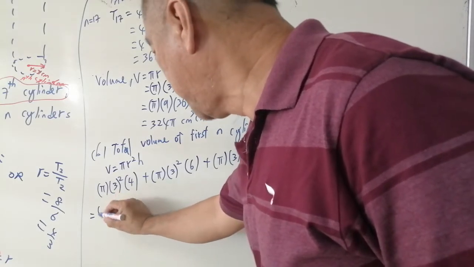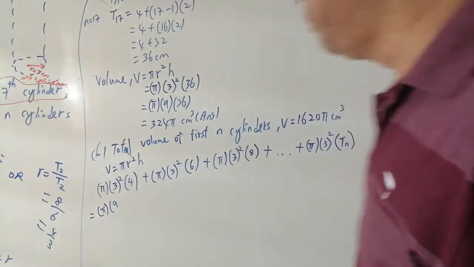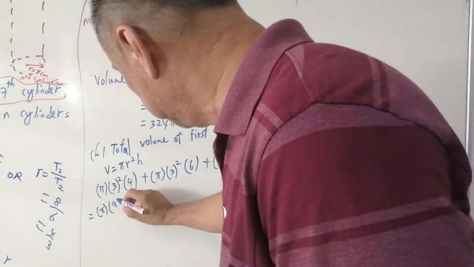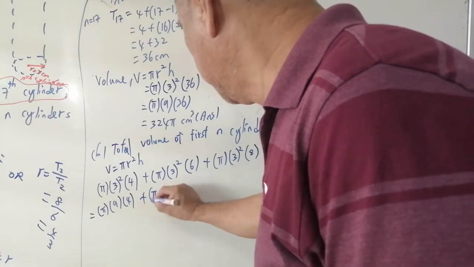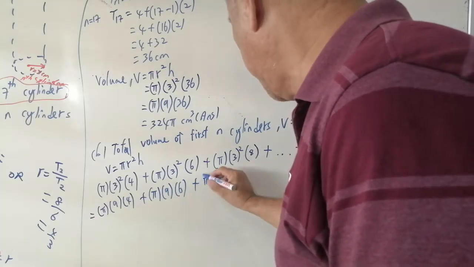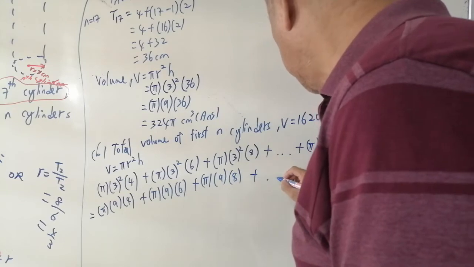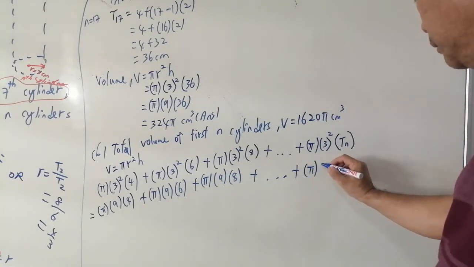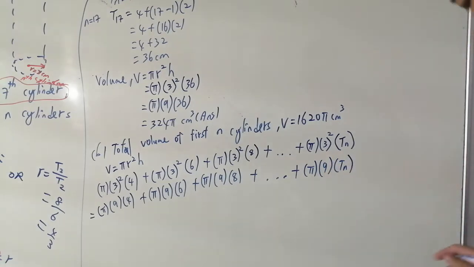Here is pi times 9, 9 multiplied by 4 is 36. Okay, I do like this: pi 9, 6, plus pi 9, 8, plus dot dot dot, plus pi 9 Tn. This one is my Tn.